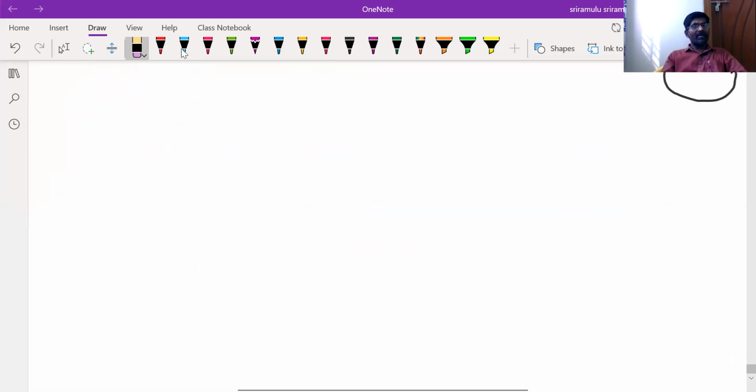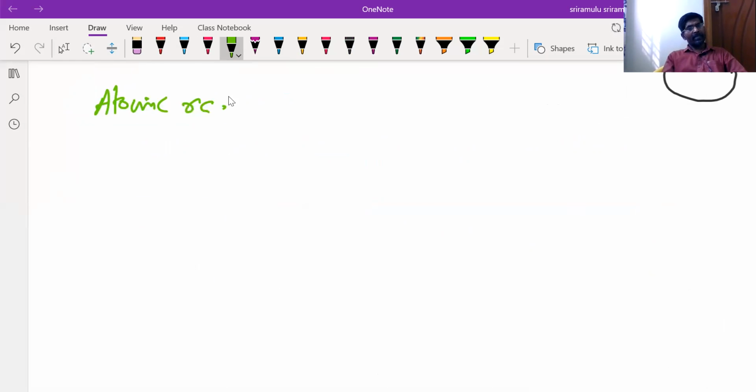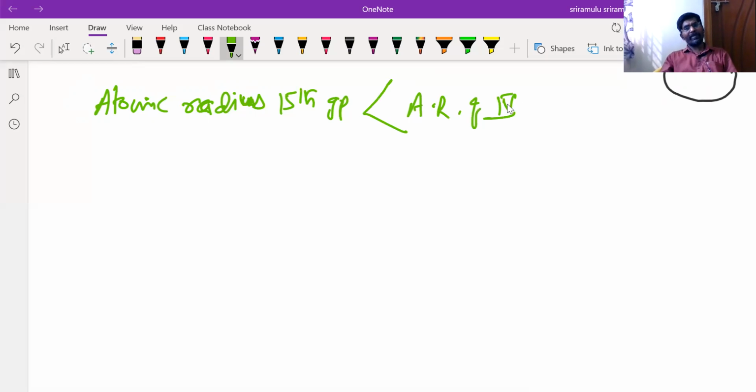And next, what about the atomic radius of the 15th group elements? Okay students, the atomic radius of the 15th group elements is lesser than the atomic radius of the 14th group elements.